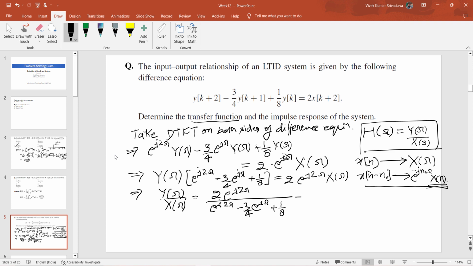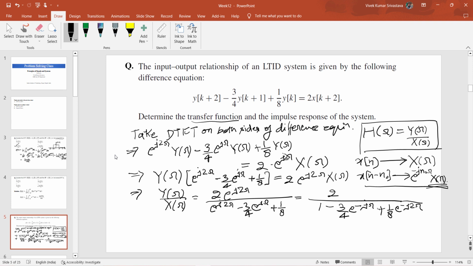Now we can multiply both the numerator and denominator by e raised to the power minus j 2 omega. After multiplying, what we get is 2 over 1 minus 3 by 4 e raised to the power minus j omega plus 1 over 8 e raised to the power minus j 2 omega.